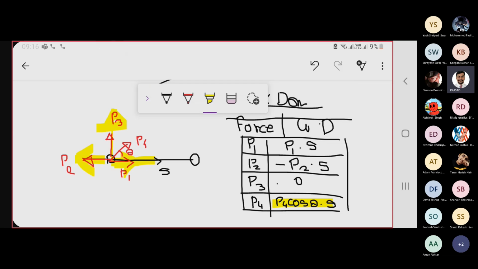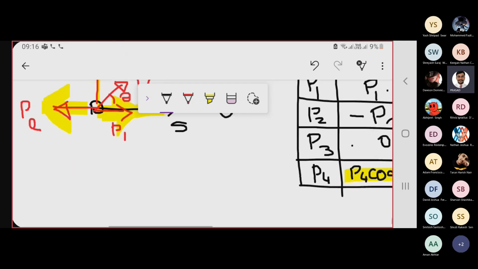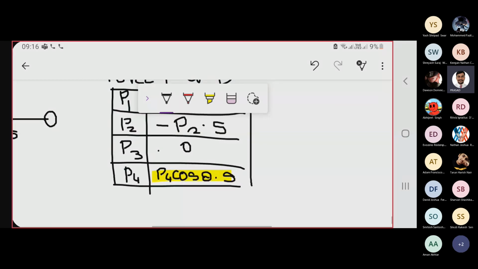Okay, let's check the unit of work done. Force is Newton and distance is meter. This Newton meter unit is also called a joule.